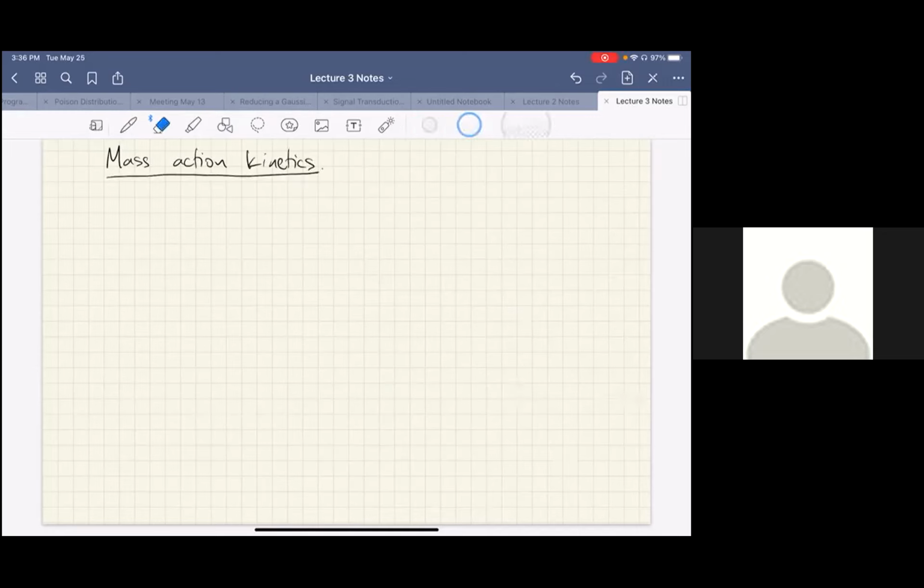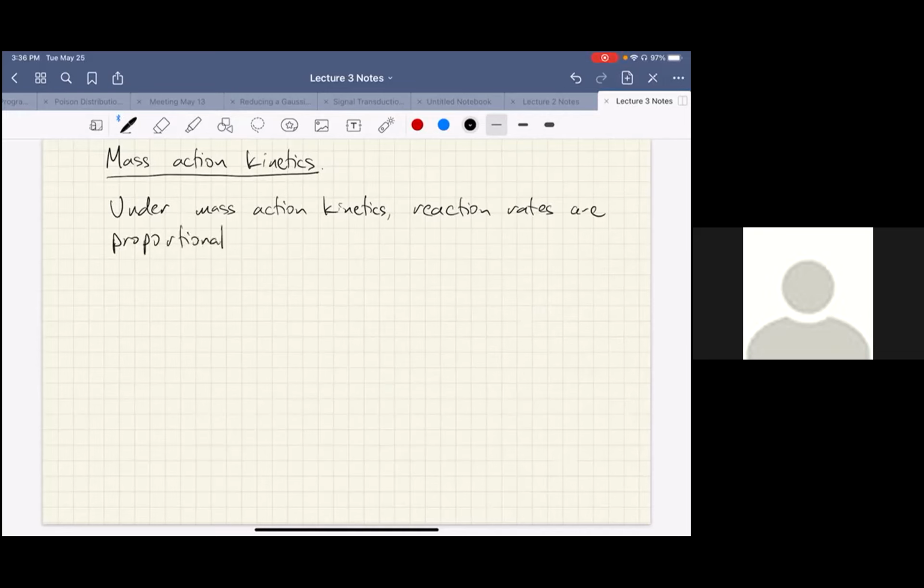So under mass action kinetics, reaction rates are proportional to the concentrations of the reactants.